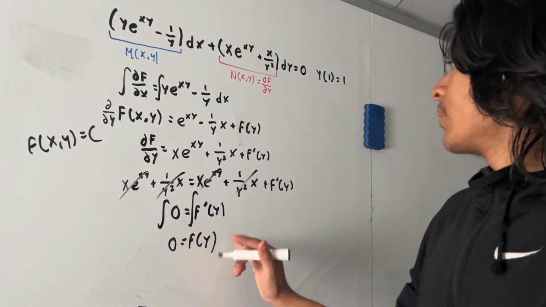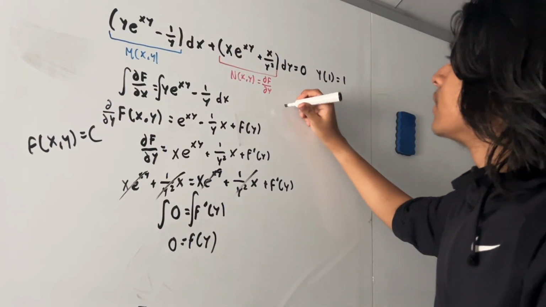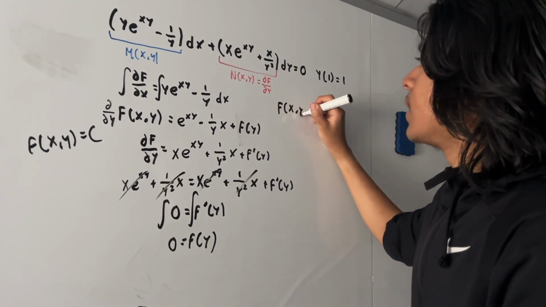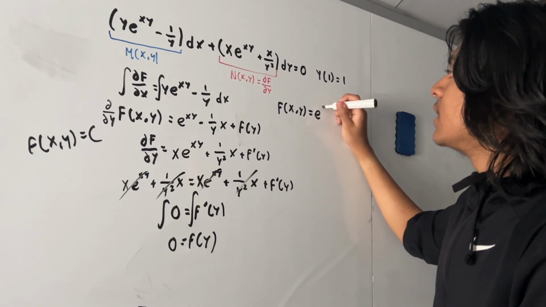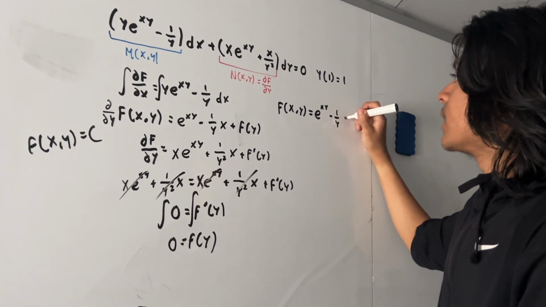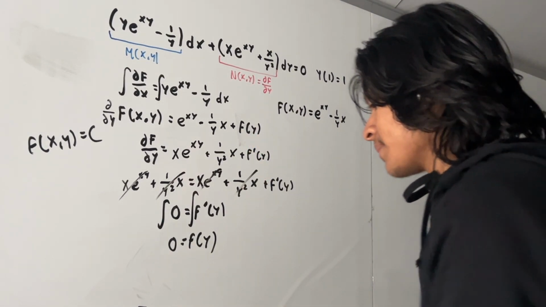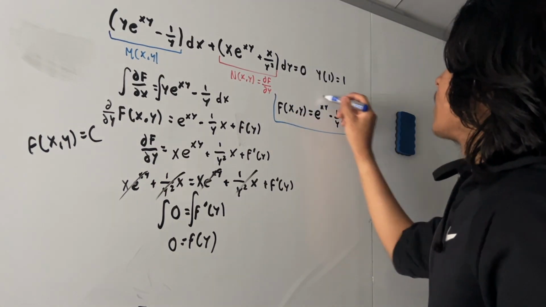So now that we know what f of y is, our function f of x, y is going to be equal to e to the xy minus 1 over y times x, and our f of y is just 0. Okay. So now we just have that.